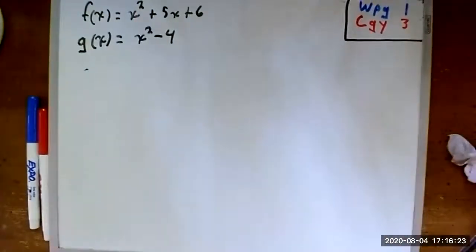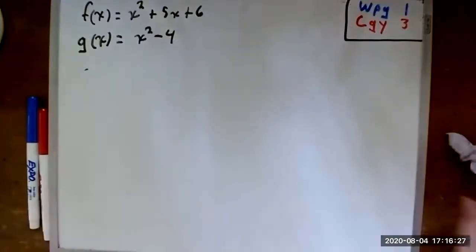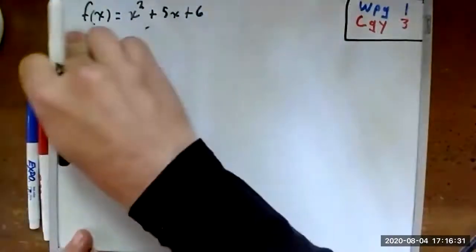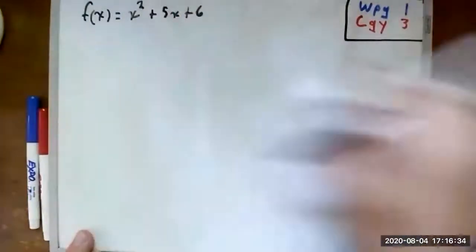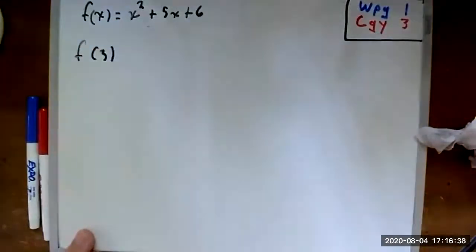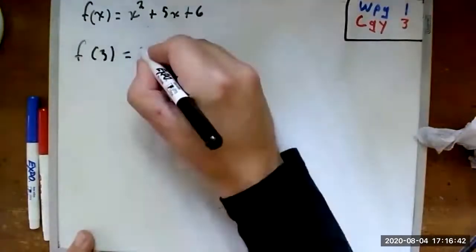So the other thing that we can do with function notation, now that we have all of these things, is we can replace x with just about anything we want, including other functions or expressions. So let's say that we're given this same f of x function, x squared plus 5x plus 6.